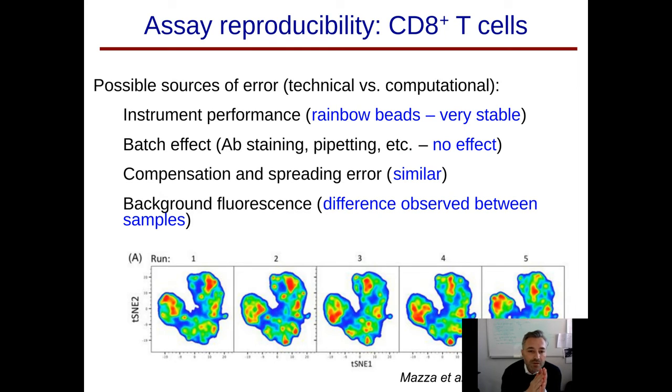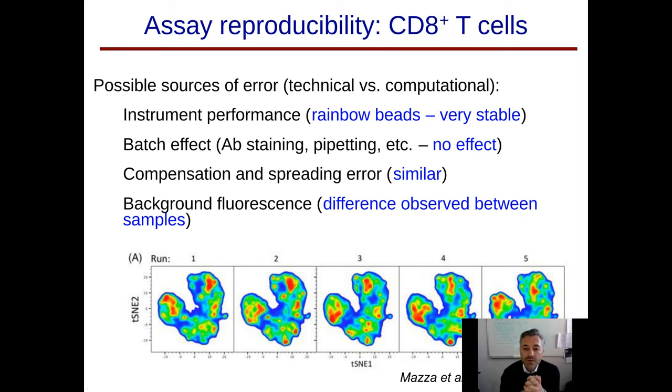So we thought about different possible sources of error. You might have technical reasons, or you might have computational reasons for why we obtained that non-reproducibility. So first of all, we thought about instrument performance. That was unlikely, because we check instruments with rainbow beads every day.